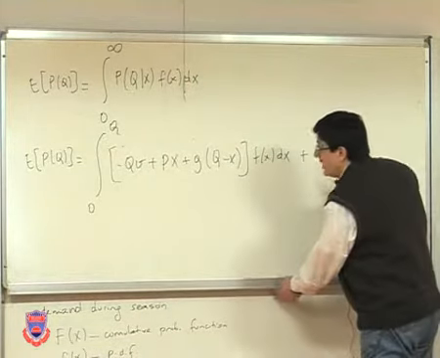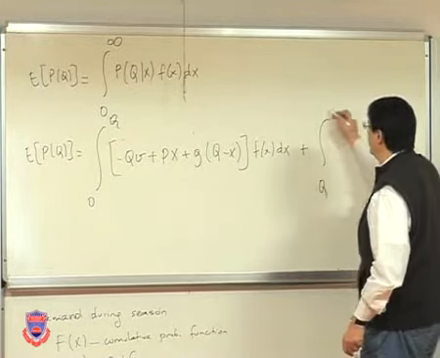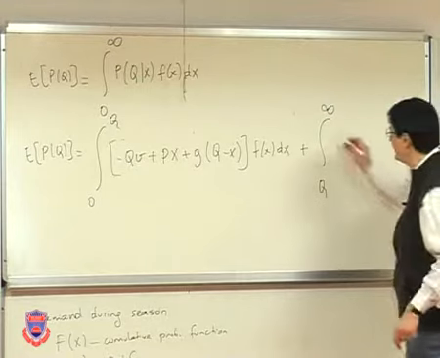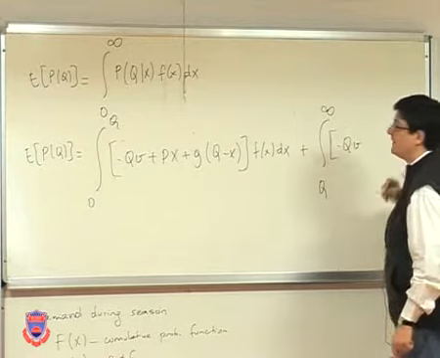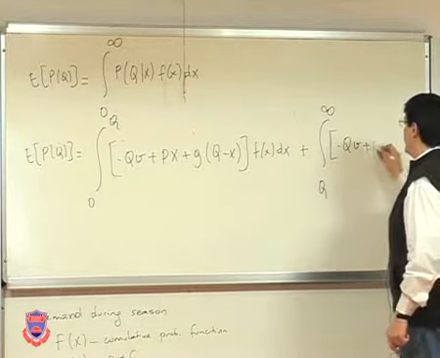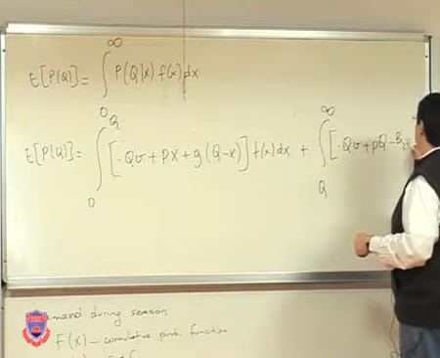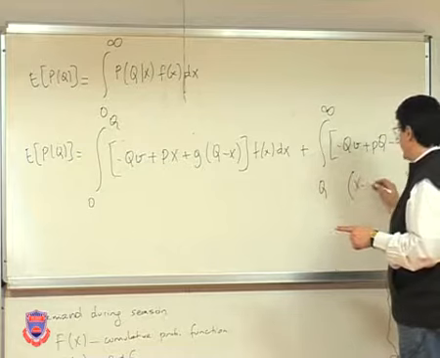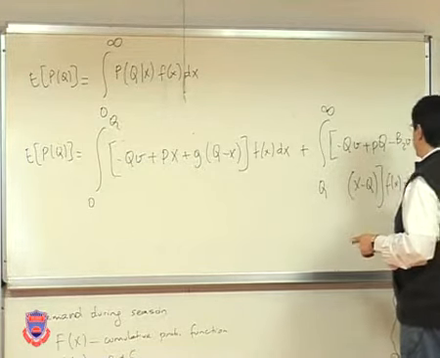And then I'm going to have the second term, which is the integral from Q to infinity. If I have excess demand, I'll have the second part, which is minus QV plus PQ minus B plus V times x minus Q, f of x dx.